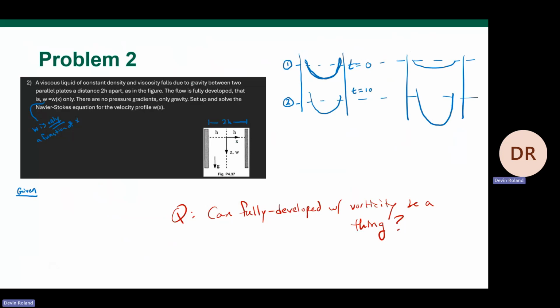Fully developed is saying that the velocity profile, this is the velocity profile we are looking at, is only going to change as we traverse in the x direction. So like this curve, if you move left to right, it's changing the velocity of the fluid. But if we advance down the pipe, the profile is the same.